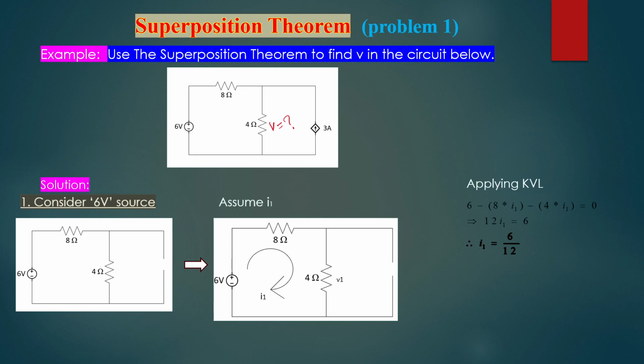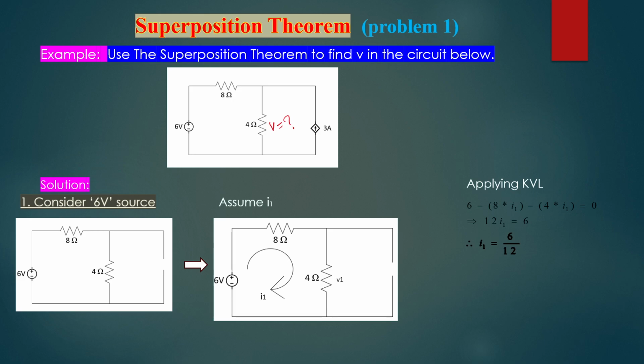There will be a voltage drop across every resistance. So 6 minus 8 into I1 minus 4 into I1 is equal to 0. We know that from KVL.